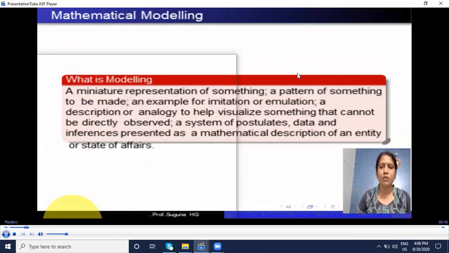First of all, let us know what is mathematical modeling. Mathematical modeling is nothing but a miniature representation of a real world problem. Here we visualize something that cannot be directly observed. A system of postulates, data, and inferences are presented as a mathematical description of an entity or a state of affairs.